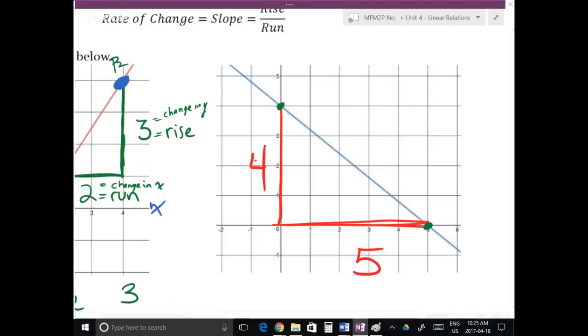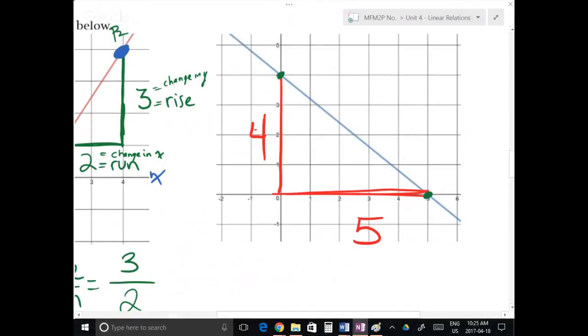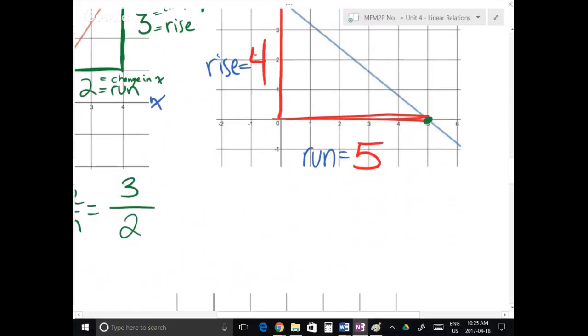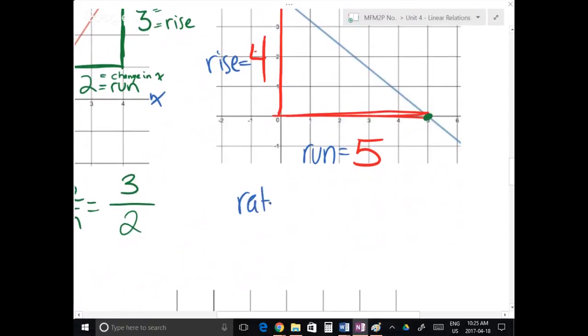Very good. Now, what do we call this one on the x-axis, changing down here? That's the run. Good. And going up to the right, that's the rise. That's the rise over the run. Okay, and the rate of change equals rise over run.